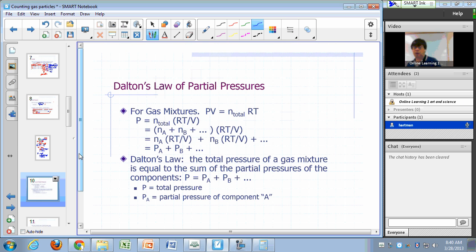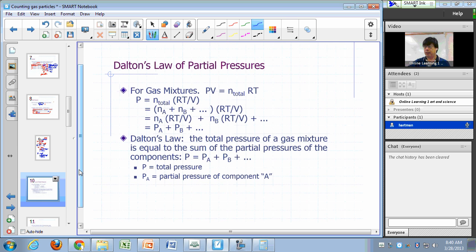Okay? So for a gas mixture, here's a general derivation of that. PV equals N total times RT. So I divide both sides by volume. V cancels out. So pressure is total moles times RT over V. But total moles is moles of component A plus moles of component B and so on, times RT over V, and then you distribute.